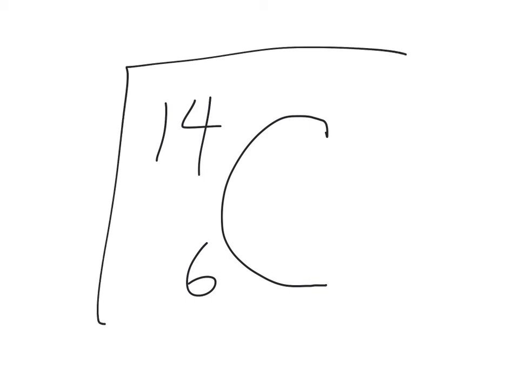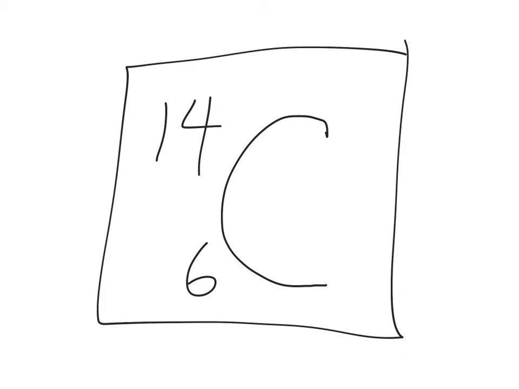But carbon-14, carbon would normally have a mass of 12, but since it has 2 extra neutrons, it actually has a 14. So carbon-14 would look something like this. So again, this up here is its new mass with the extra neutrons, making it an isotope.